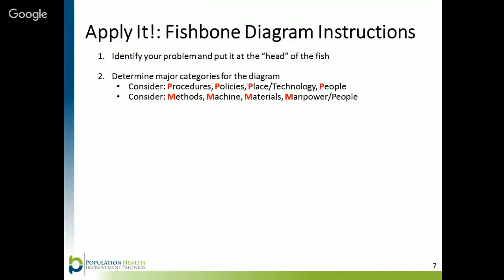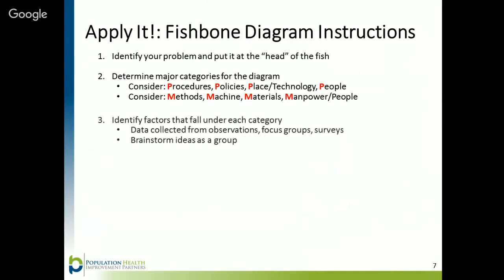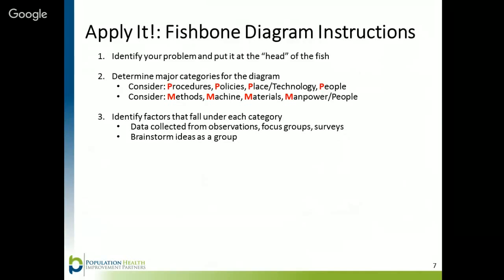After choosing your categories, the third step is to identify factors that fall under each category. To do so, you can use any data currently collected from observations, focus groups, or surveys. Have your team brainstorm ideas as a group for each category.